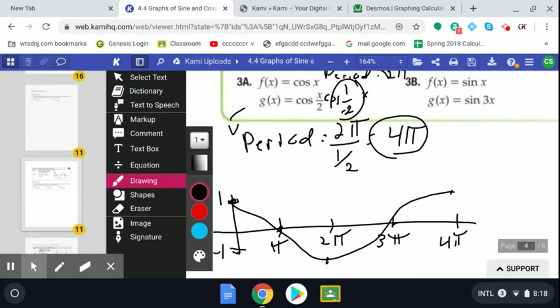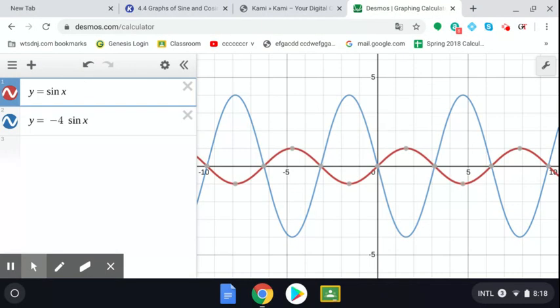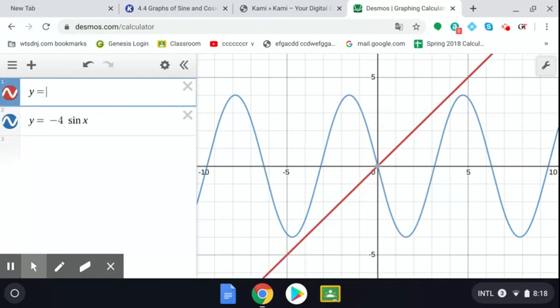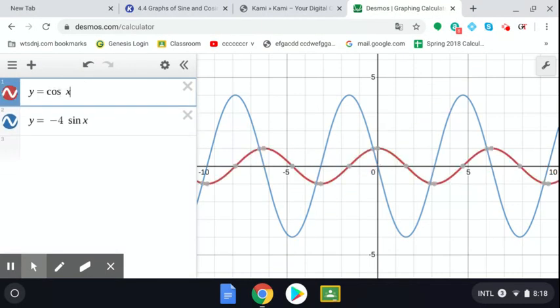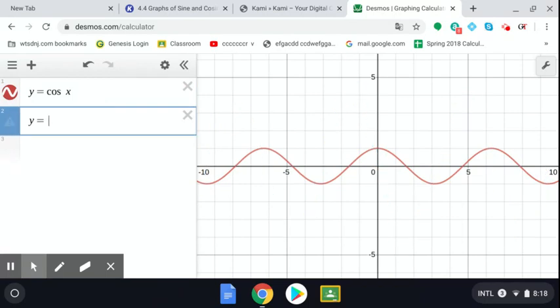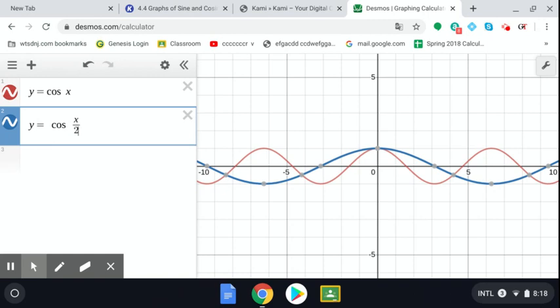Okay? If you want to confirm, go to decimals and do cosine x and cosine x over 2. So you can take a look, cosine x and then cosine x over 2. So as you can see here, the blue graph 0, 0, and then this point here is pi 0.